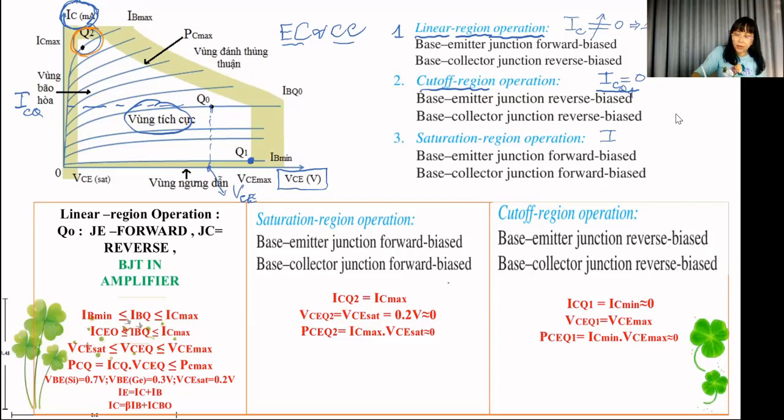In this case, the current of collector at Q2 is increasing to the maximum. In this position, VCE at Q2 is about 0.1 volt, very small, and saturation.